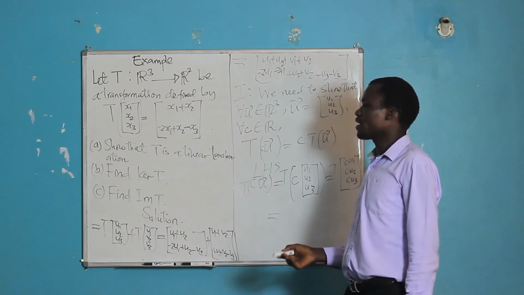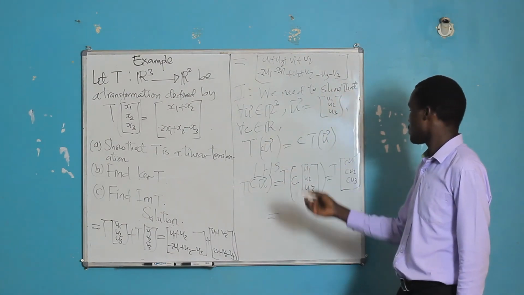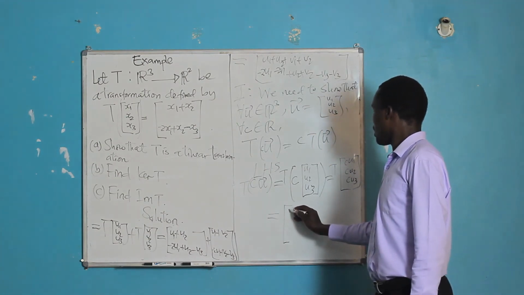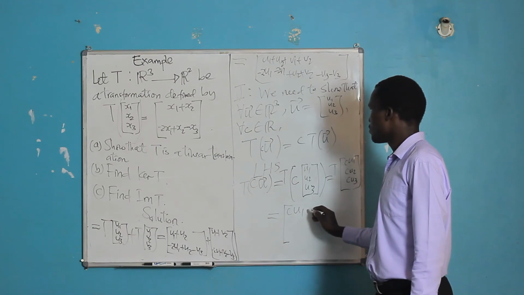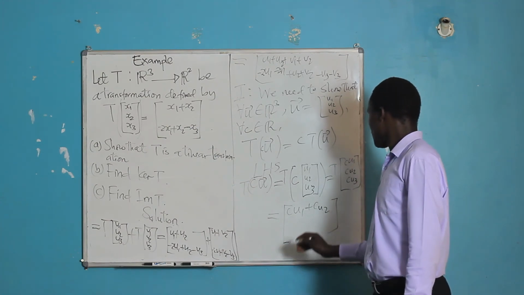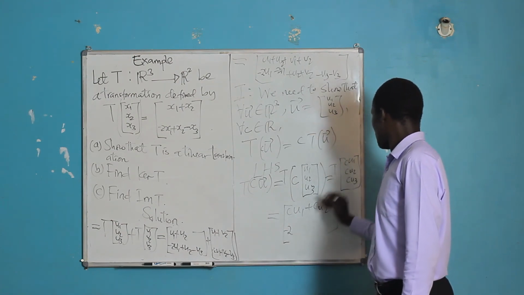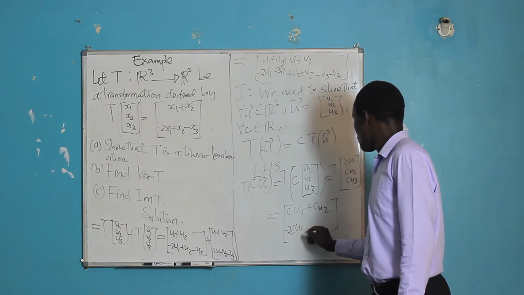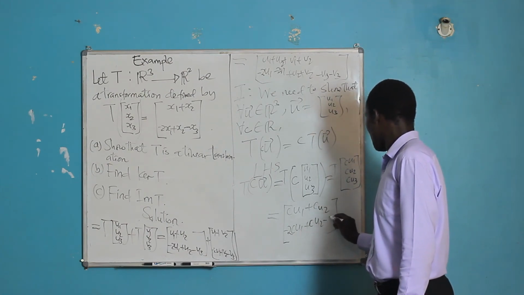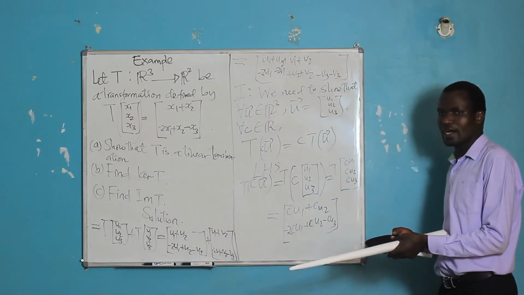And now, we find the definition of the linear transformation we have been given. So we can write this as C U1 plus C U2. And then the second entry is negative 2 C U1 plus C U2 minus C U3. This is for the left hand side.